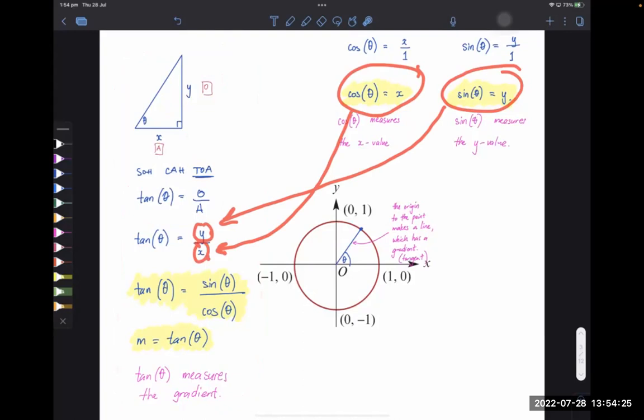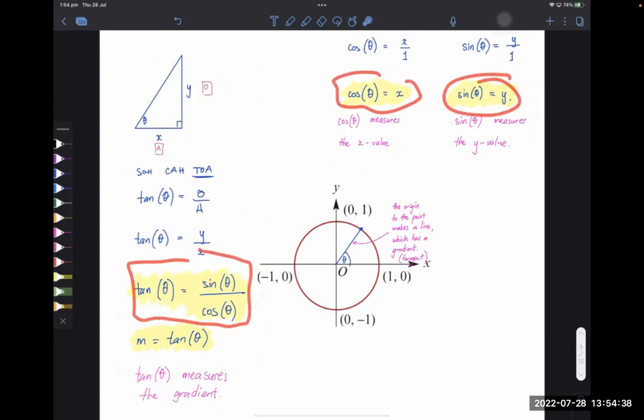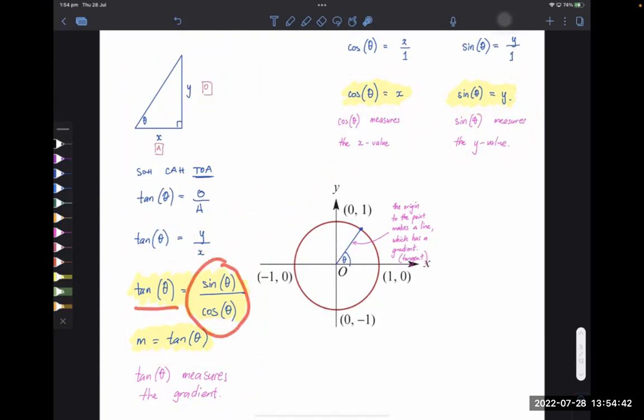So what this means now is instead of writing y, we're going to write sine theta. Instead of writing x, we're going to write cos theta. So this is where one of these little highlighted sections here are really important. Tan theta equals sine over cos, right? So that's equal to tan, right? But what does tan actually measure?